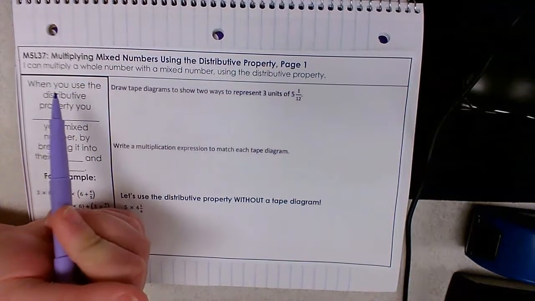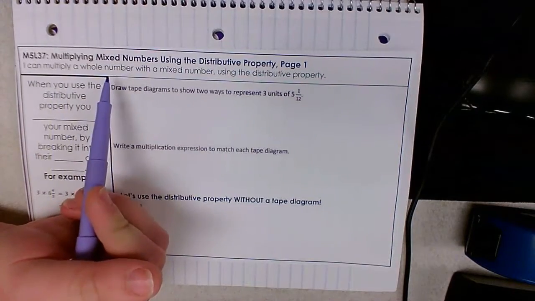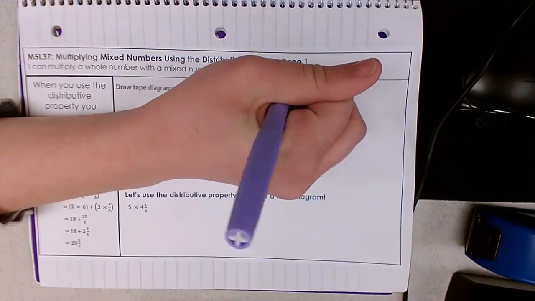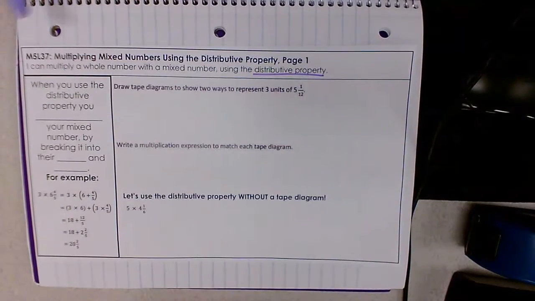Our objective today is that we can multiply a whole number with a mixed number, and specifically we're going to be using the distributive property. Let's define what that distributive property means.